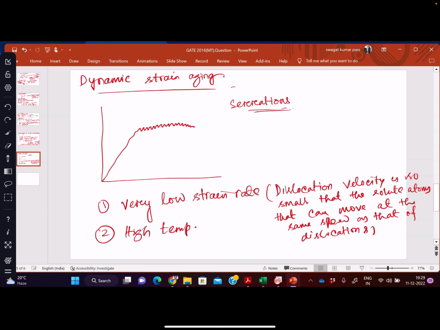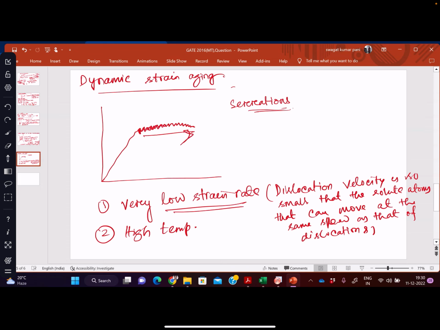Okay, so once we break away from the solute atoms, given the very low strain rate, as the dislocations move, the solute atoms also move and they pin the dislocation again, and again that breaks, and again they pin. So this process continues. That's why we get this serrated up and down, up and down behavior.